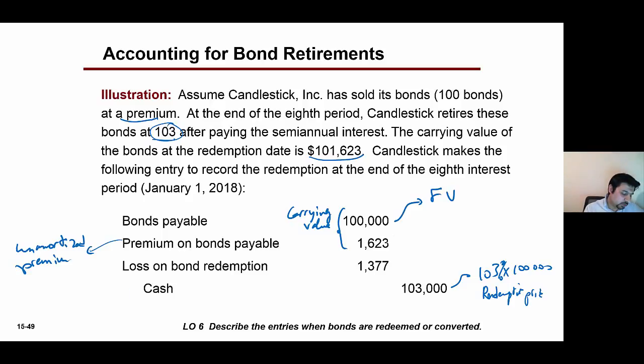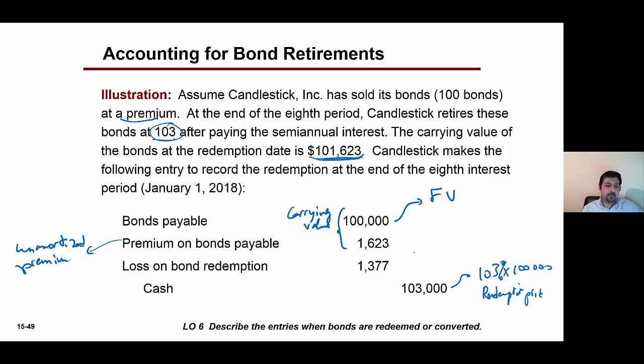The carrying value was 101,623, so any difference between the face value and this amount will be premium. Here it is 1,623. The two together are 101,623, but the company has paid 103,000.